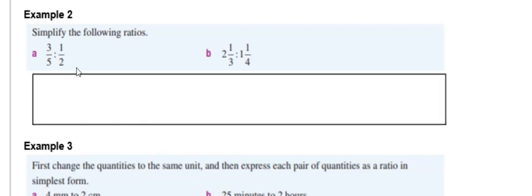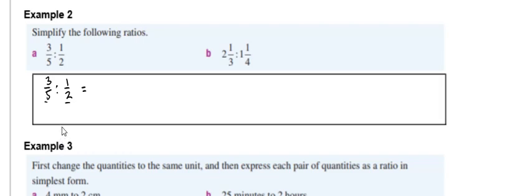Now, simplifying ratios when it involves fractions is a little bit more complicated, but again, just think about how we simplify fractions. I'm going to write down 3 over 5 to 1 over 2. To simplify these fractions, we need our denominators the same.